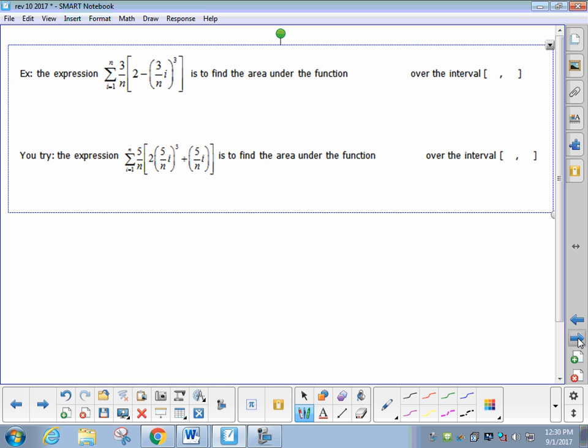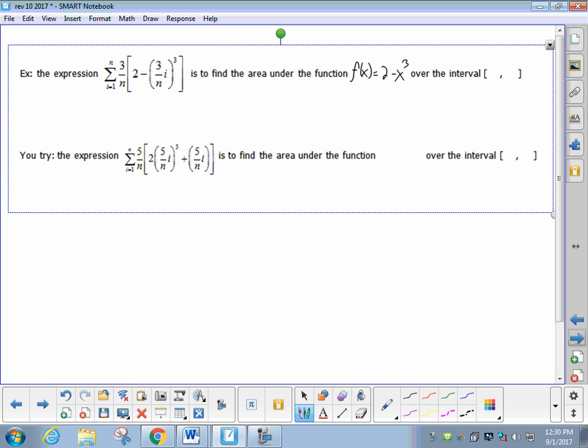I'm giving you the area summation, and I would like you to extract for me what is the function and what is the interval. I think I intended the first one to do together. What's the function? 2 minus x cubed, yes?